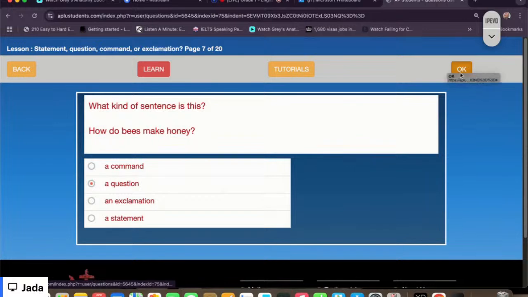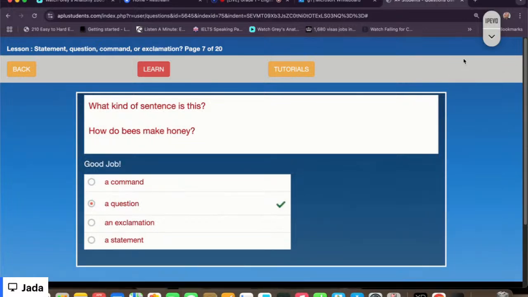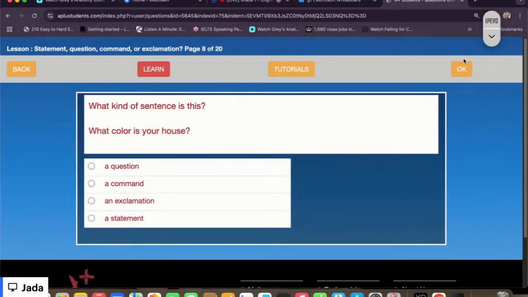We'll move on to the last lesson on the sentence type. If you haven't done this lesson so far, you have to make sure that you try to complete it, okay?